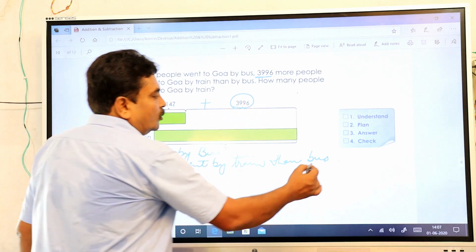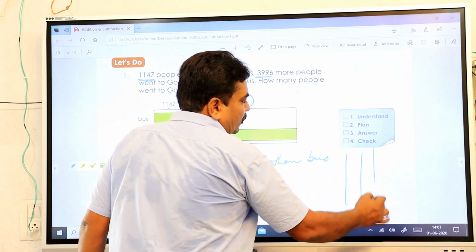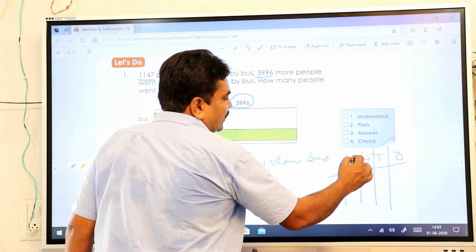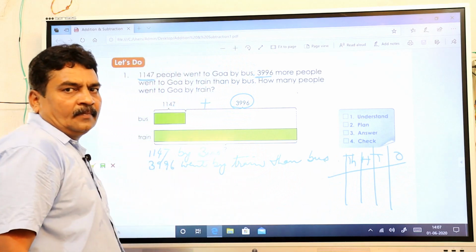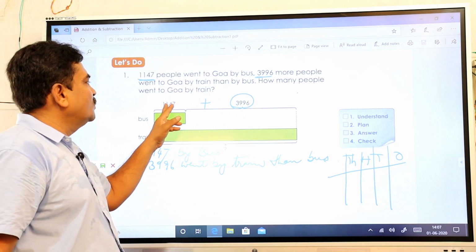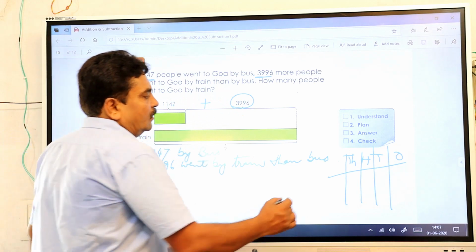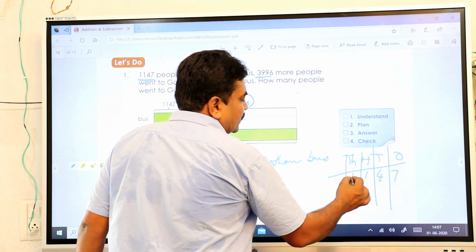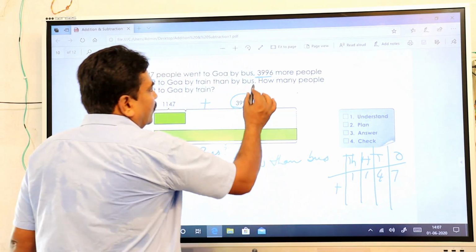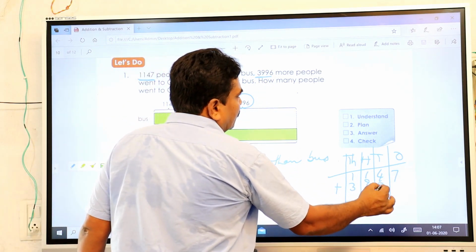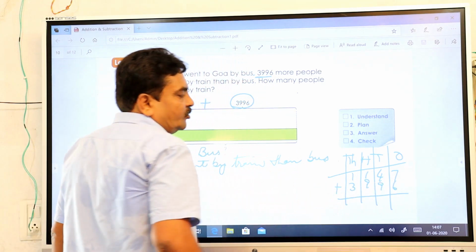So you draw a table. This is ones, tens, hundreds and thousands. First write 1,147, this is by bus, and 3,996 by train.